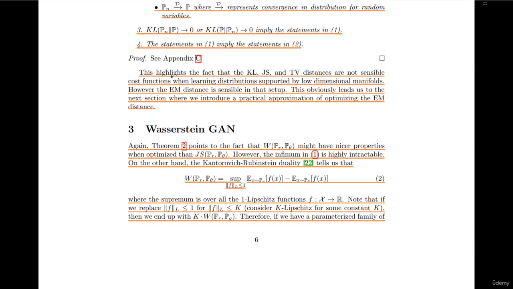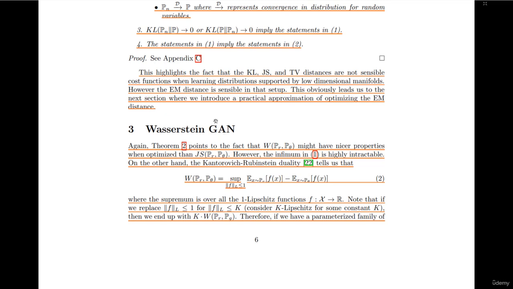Now this highlights the fact that the KL, JS, and TV distances and divergences are not sensible cost functions when learning distributions supported by low dimensional manifolds. However, the EM distance is sensible in that setup. This obviously leads us to the next section, where we introduce a practical approximation of optimizing the EM distance.